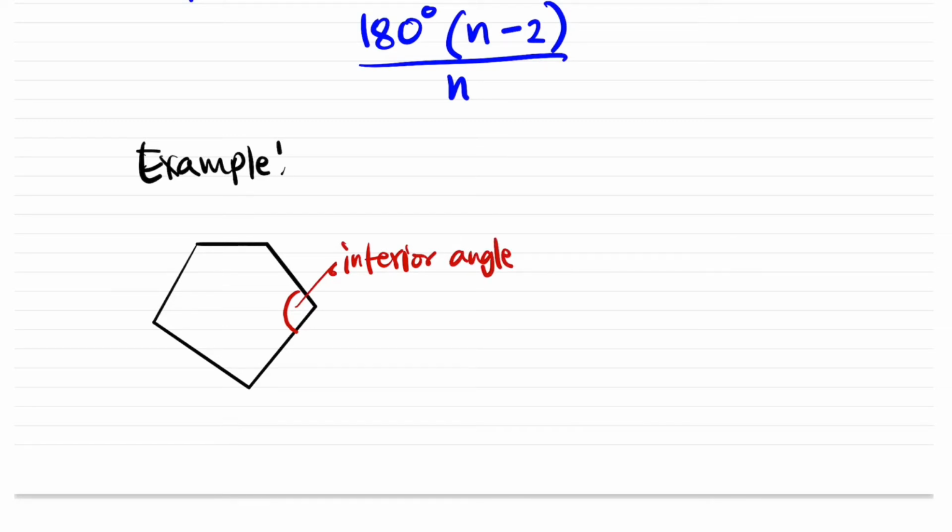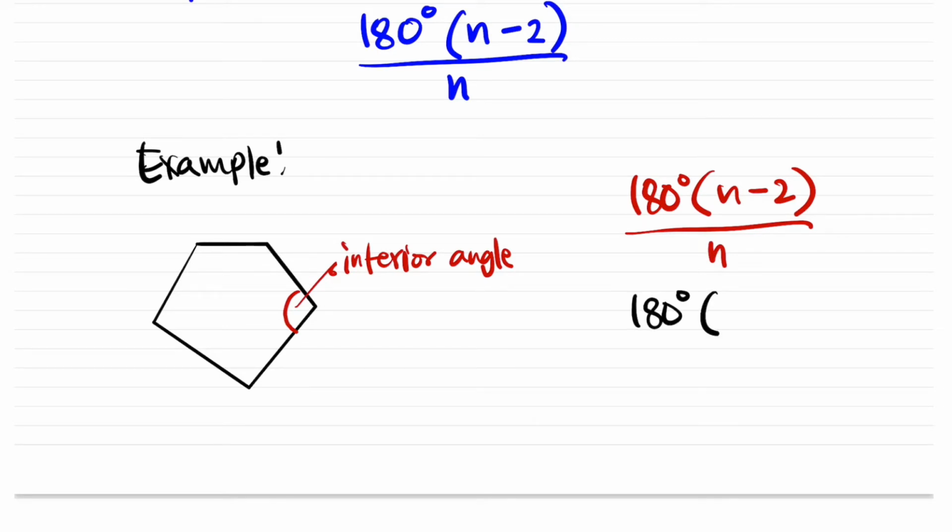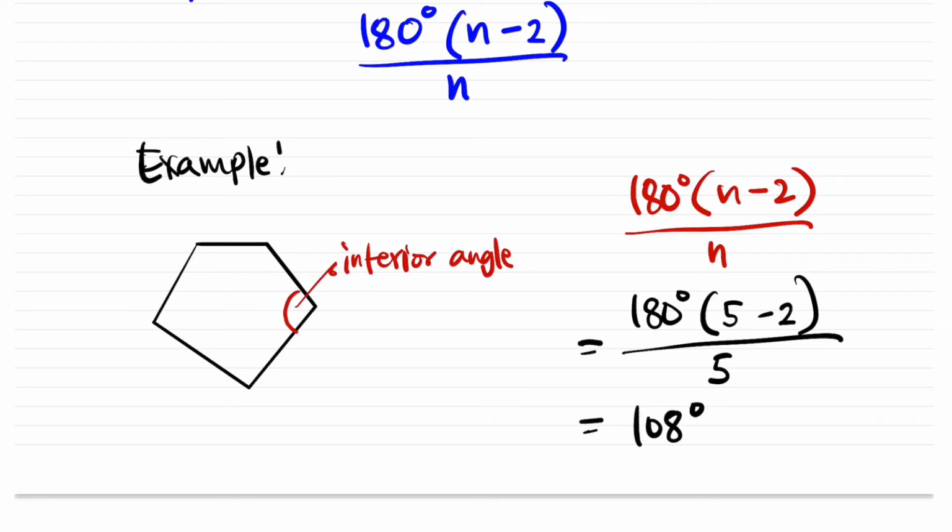So we use the formula 180 degrees times n minus 2, divided by n. We substitute 180 degrees times 5 minus 2, divided by 5. The answer will be equal to 108 degrees. So therefore the measurement here is equal to 108 degrees.